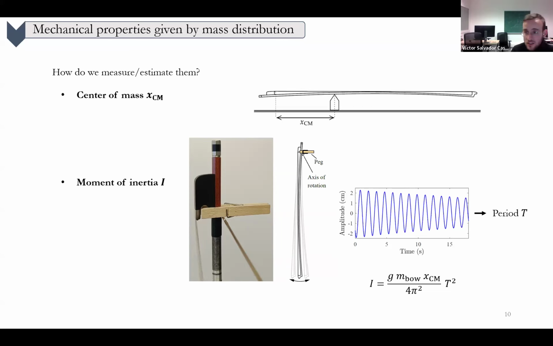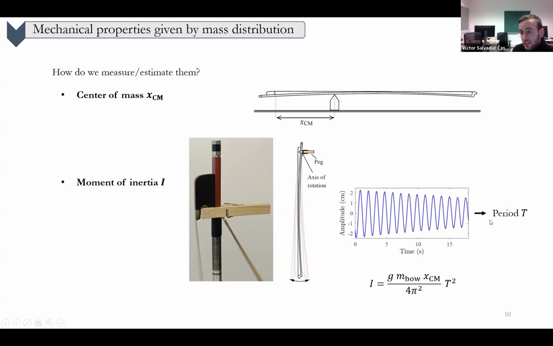Then for the calculation, you just have to measure the center of mass position from this axis of rotation. It's represented here as xcm. Then the gravity at your location, but it's normally 9.8 unless you are on Mars, and the total mass of the bow.